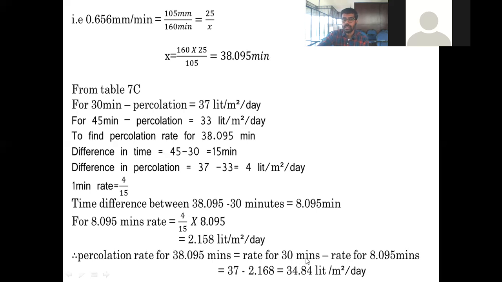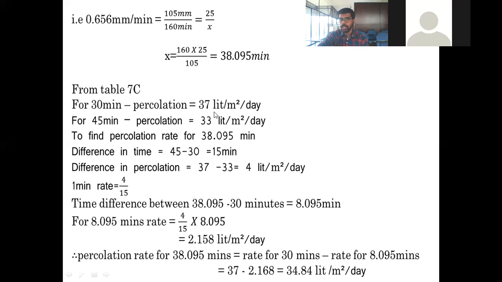The rate for 30 minutes minus the rate for 8.095 minutes. Why? Because when the time increases, we can see the percolation decreases. That's why we reduce it. So for 38, it should be less than 37, because for 45 it is 33.